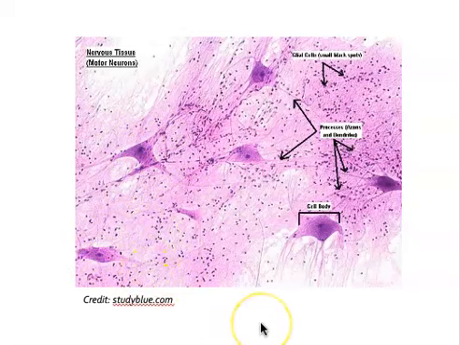If we were in the central nervous system, it would be oligodendrocytes that would be associated with some of these motor neurons, providing that myelin sheath. Remember, not all axons are myelinated. Only certain axons are myelinated, both in the central nervous system and the peripheral nervous system.